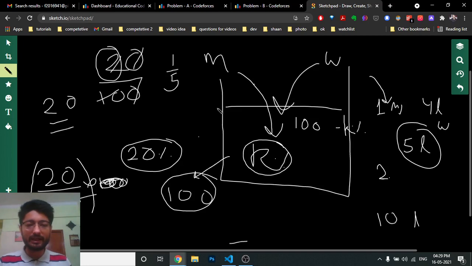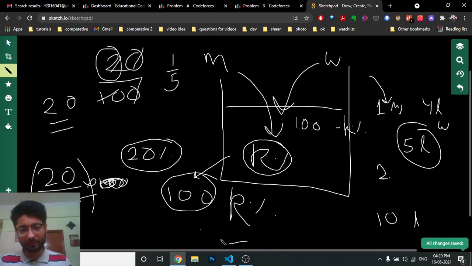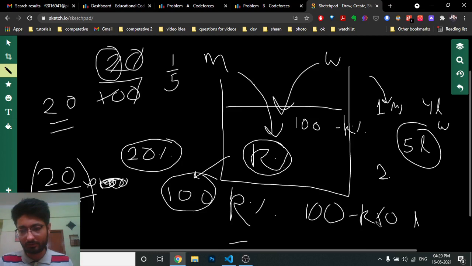So it means that if you want to make k percentage, you have k percentage of magic essence and 100 minus k percentage of water required. If you divide these numbers to the smallest numbers possible, it is very beneficial to us. I hope you get the point.